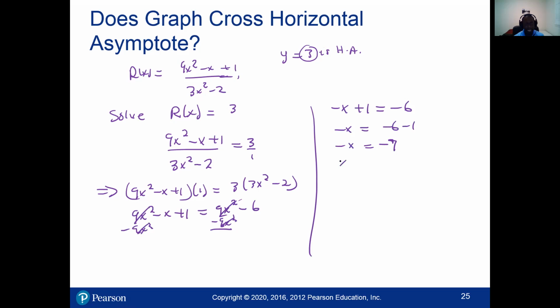Then divide both sides by negative 1, and x is equal to 7. So the graph of r of x crosses the horizontal asymptote at the point where the x coordinate is 7 and the y coordinate is 3, because you equated it to 3. If you want to check, plug 7 into the original and evaluate, you get 3. Very good.